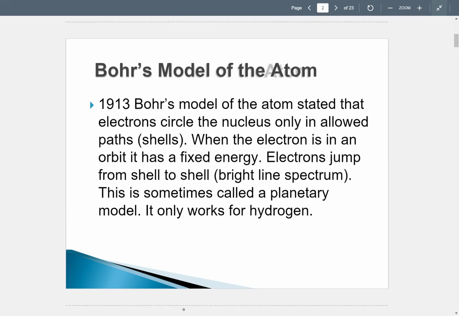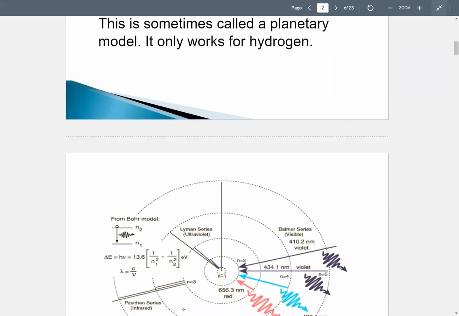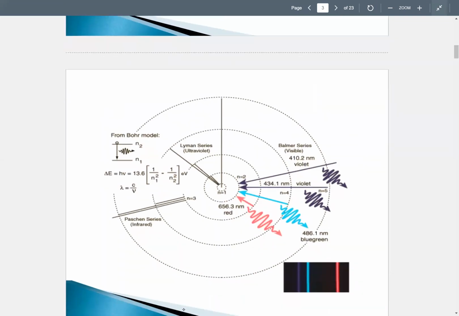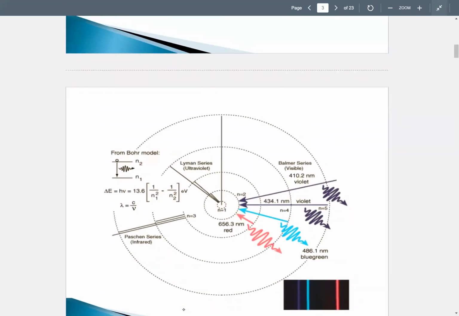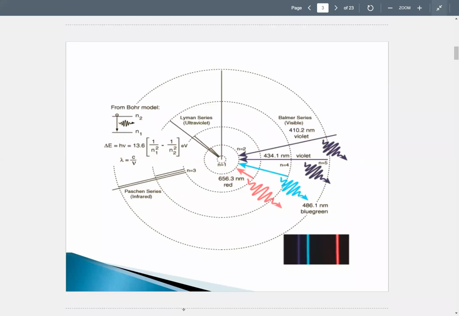And he used orbital mechanics, and instead of using the force of gravity, he used the attractive force between the proton and the electron to be able to describe where the electron could fit. And you came up with this very typical drawing of an atom where we have the rings around the atom where the electron could exist.